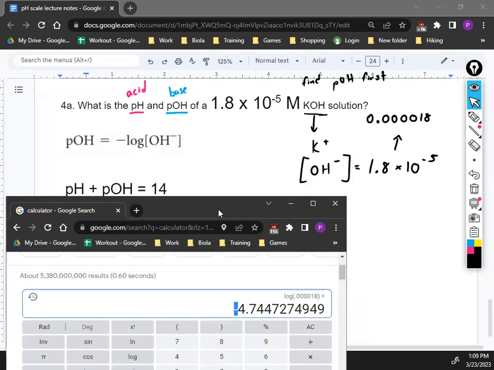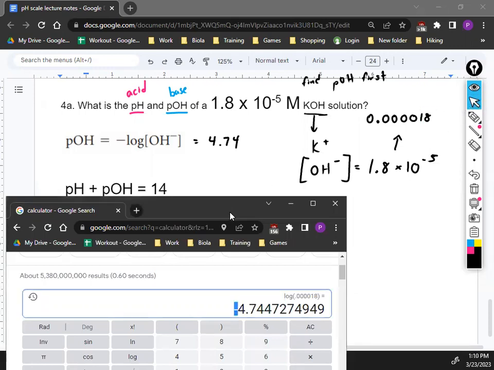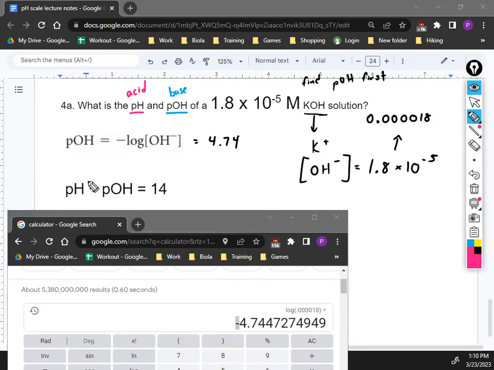So the pOH of this solution right here is going to be 4.74. Everybody got that? Something close to that? Okay, so the pOH of this solution is 4.74. Now we're going to find pH, and we can do that by subtracting pOH from 14.